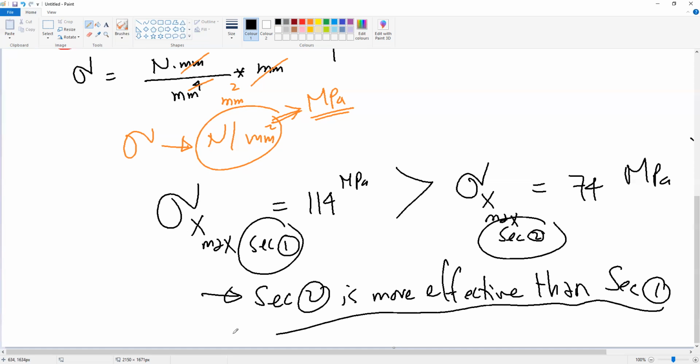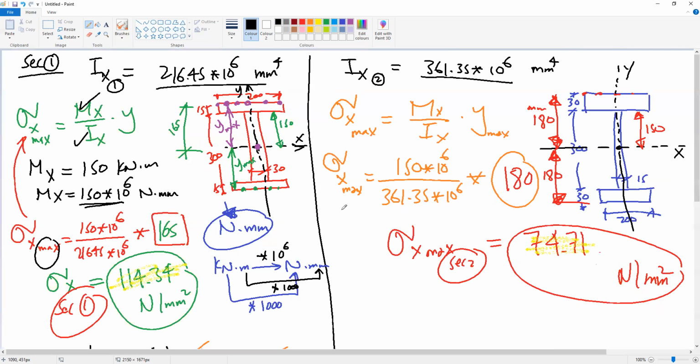Okay. So this problem was to find the maximum stress for each section and pick the more effective one. So section 2 was more effective according to our calculation. Okay. Do you have any question for this one?